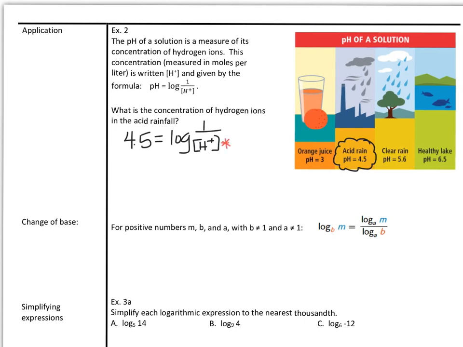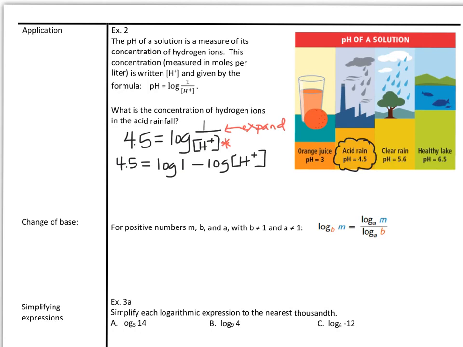What we'll do is we'll expand first our quotient. We expand quotients by subtracting. And that will give us H+ out of the denominator. Now we've got to kind of figure out from here what to do.